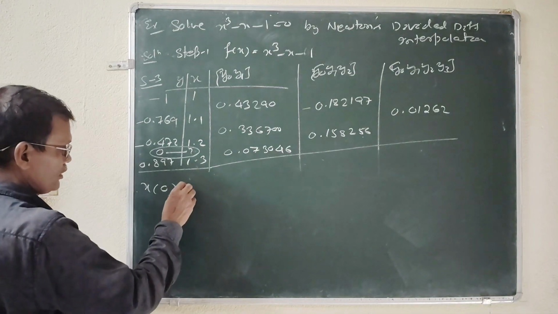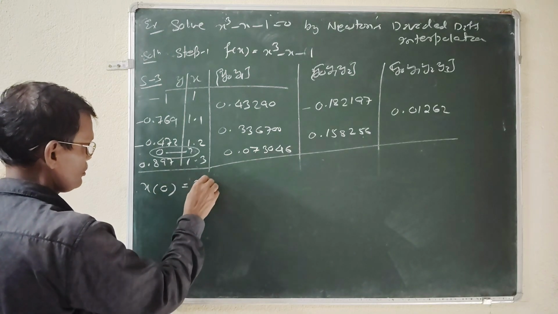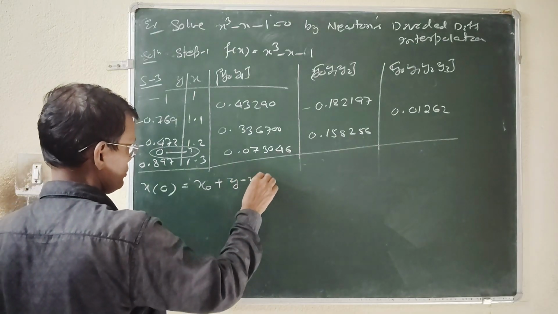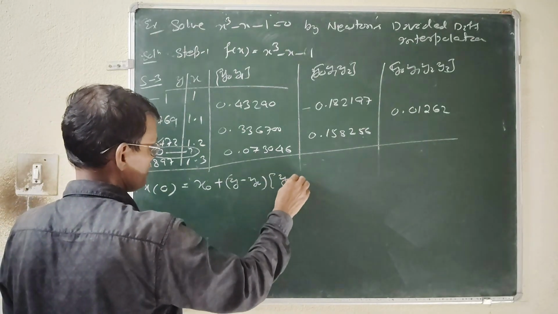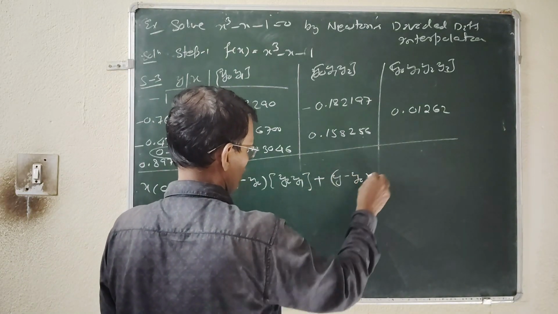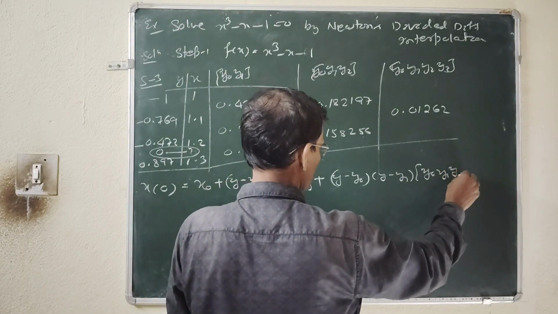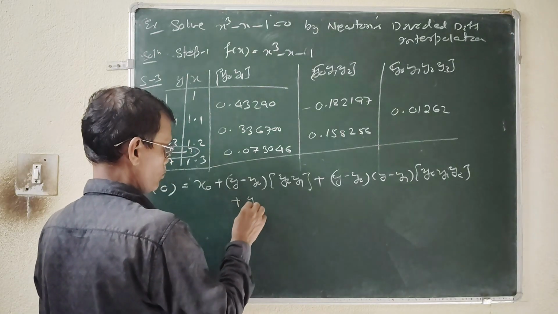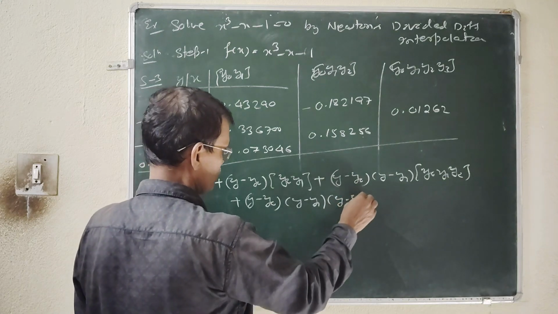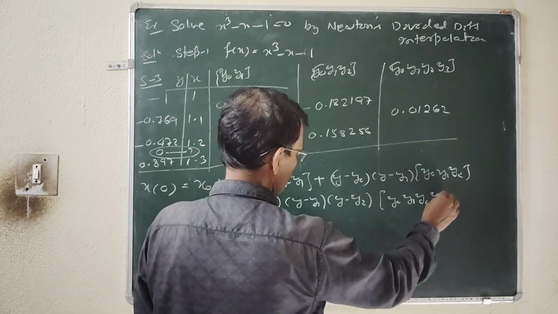What is the formula? x(0) equals x0 plus (y minus y0) into first order [y0, y1], plus (y minus y0) into (y minus y1) into second order [y0, y1, y2], plus (y minus y0) into (y minus y1) into (y minus y2) into third order [y0, y1, y2, y3].